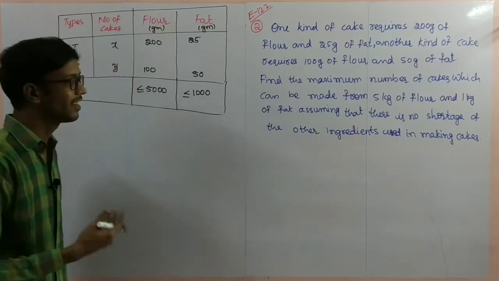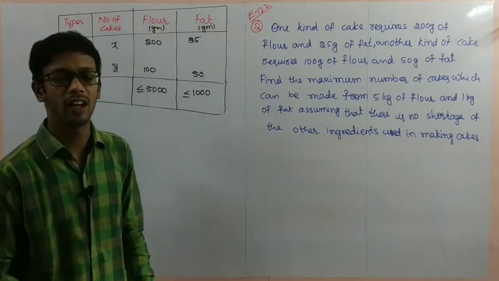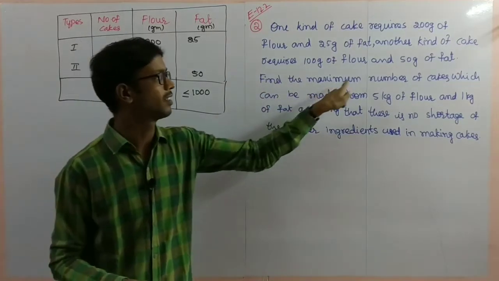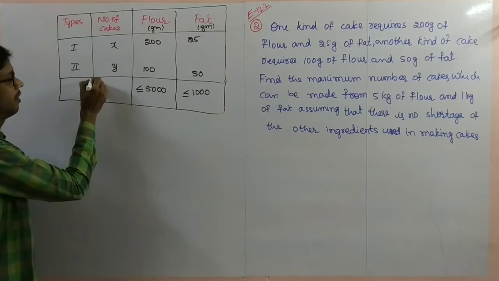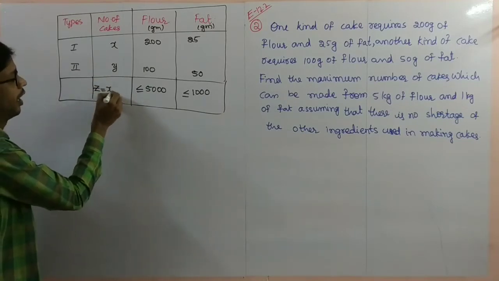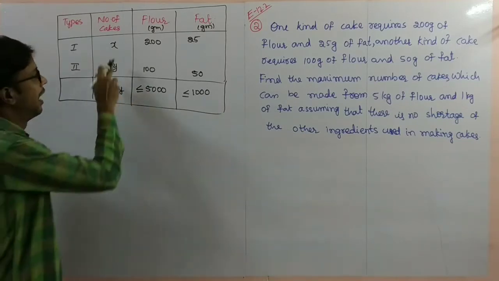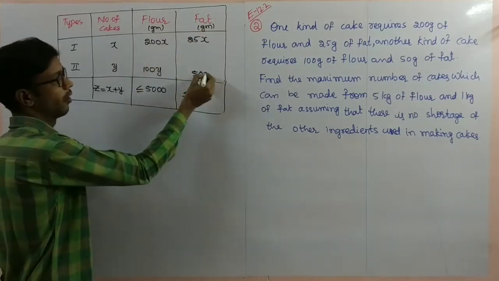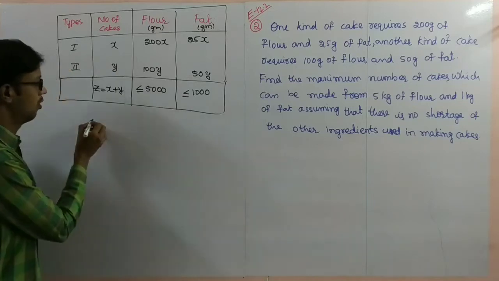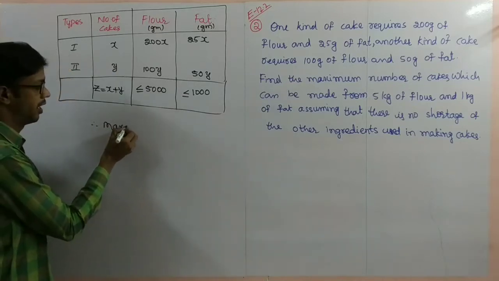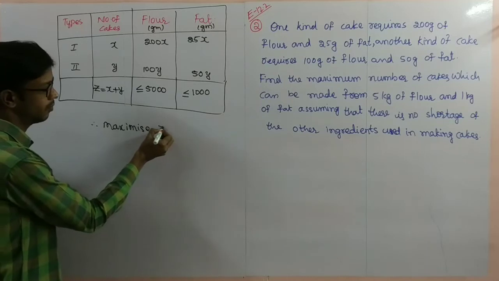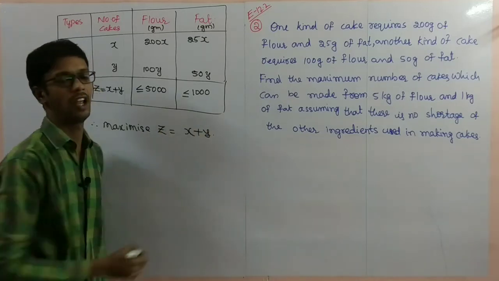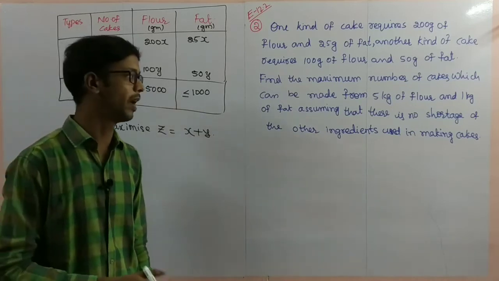So now, what is the Z here? Here there is no profit function. Maximum number of cakes is the function here. Z equal to X plus Y. X items are there, here X multiplied, here Y multiplied. So therefore, maximize Z equal to X plus Y. The number of cakes should be maximum, that we have to make.